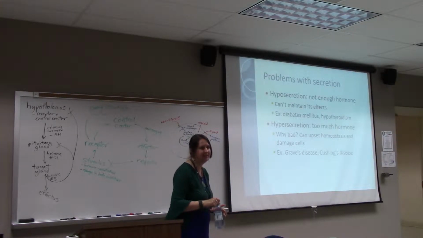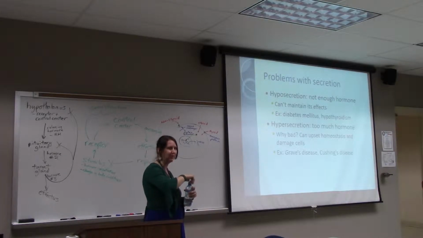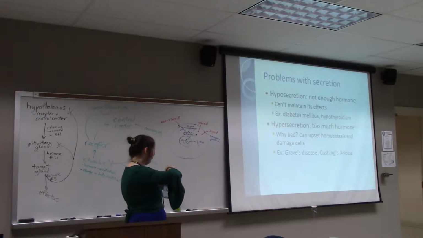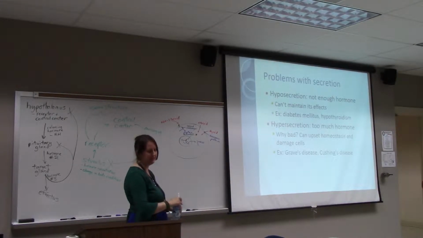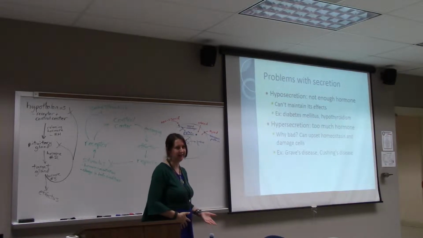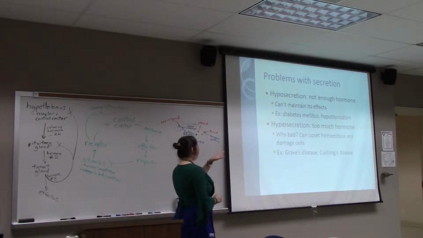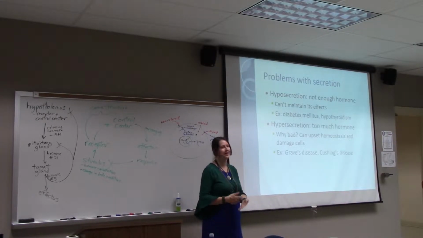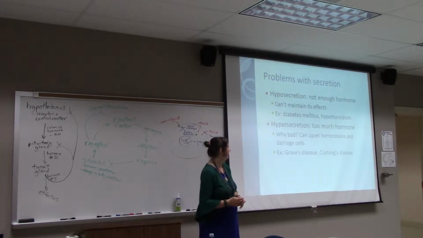As you probably know, things don't always work quite right in the body. 2 major problems with hormone secretion are making too much or not making enough. Not enough of the hormone is called hyposecretion. That's a problem because you can't maintain its effects.